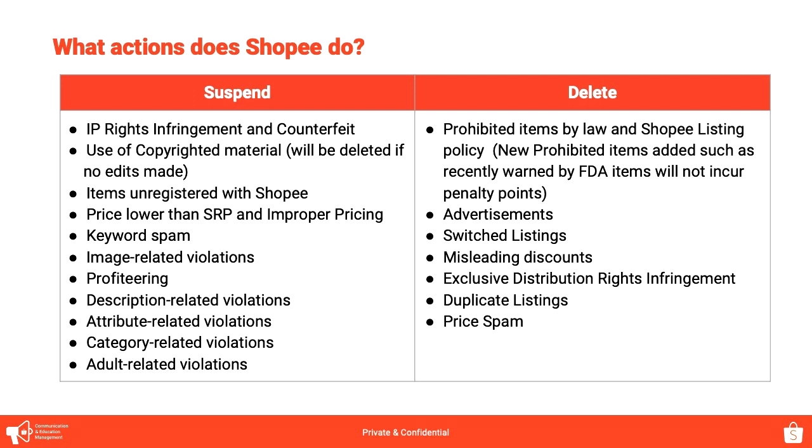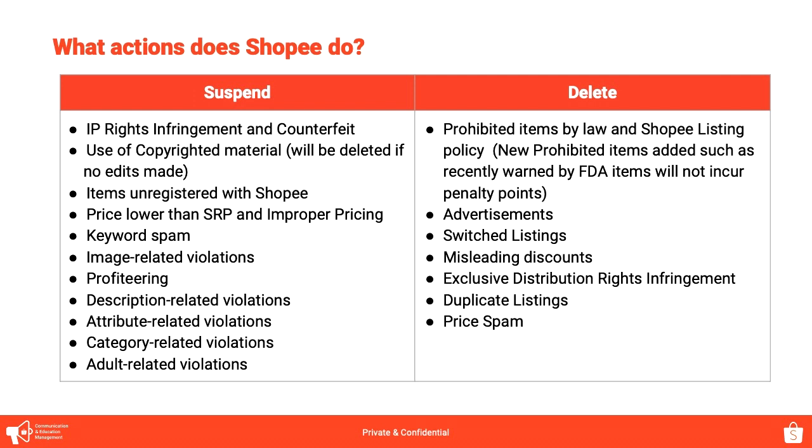So, medyo kino-consider pa natin itong mga violations na to as minor as compared dun sa mga prohibited talaga. So, itong mga to, may chance pa kayo na i-upload ulit yung items, i-publish ulit sila as long as na-edit nyo sila ng tama and within Shopee's listings policy and community rules.